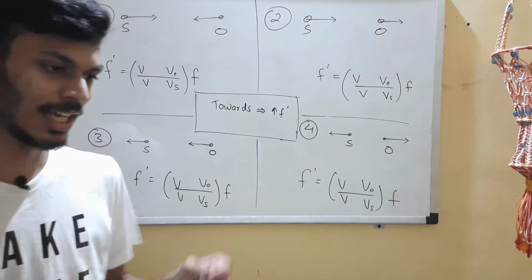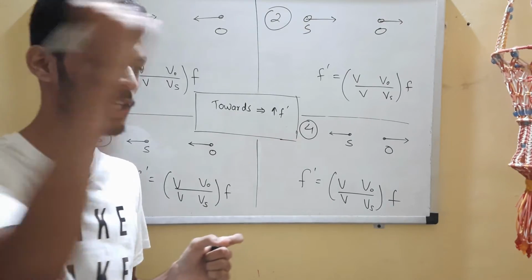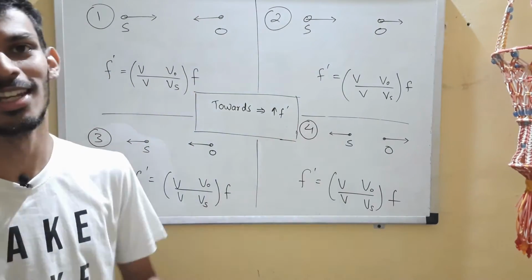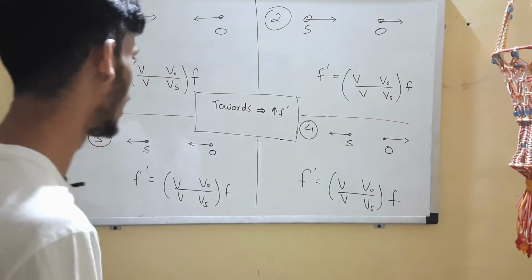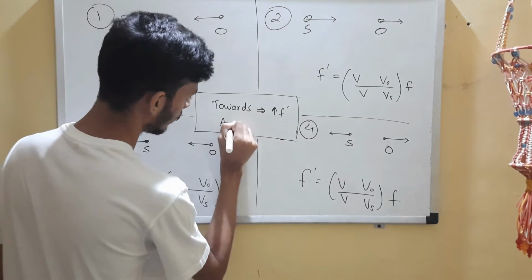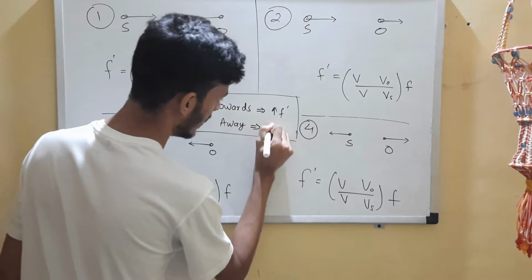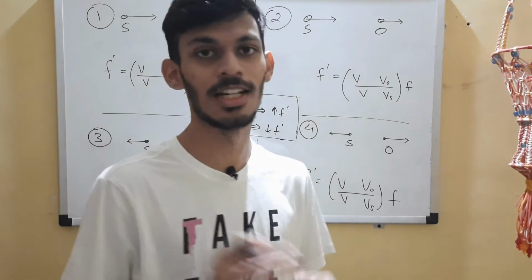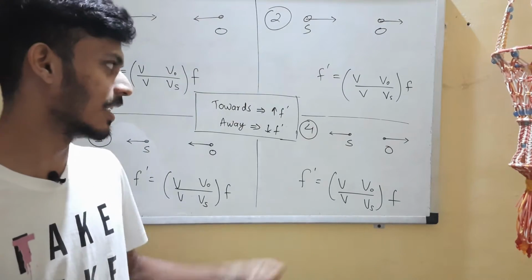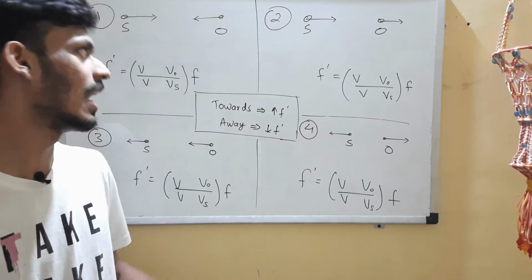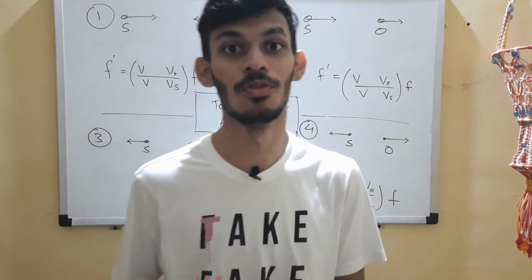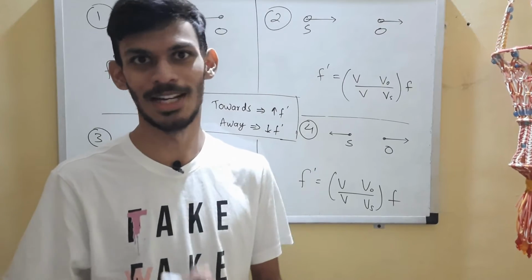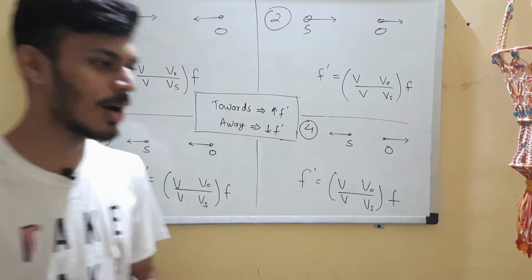And the other part: away means decreasing the apparent frequency. Whenever the observer is moving away from the source, or the source is moving away from the observer, it is trying to decrease the apparent frequency. So these 2 things you are supposed to remember.